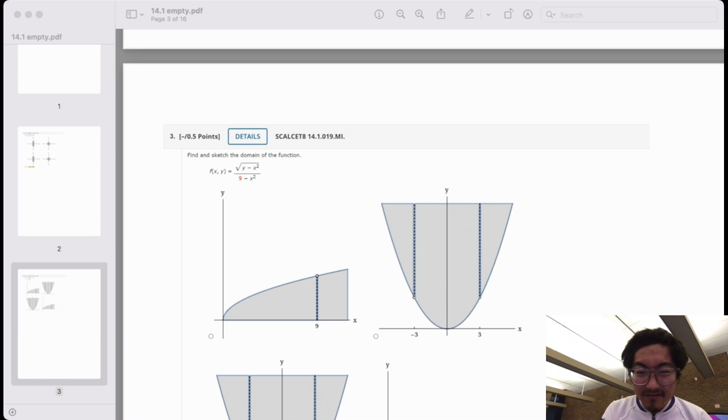This one, be careful. We also have to make sure that y minus x squared is larger or equal to 0, and 9 minus x squared is not equal to 0. Because y is larger or equal to x squared, x squared is not equal to 9, so x is not 3 or -3.